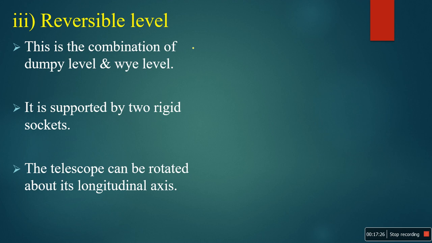But in the Y level, you can remove the telescope and rotate it about the longitudinal axis. But the reversible level is a combination of the dumpy level as well as the Y level.